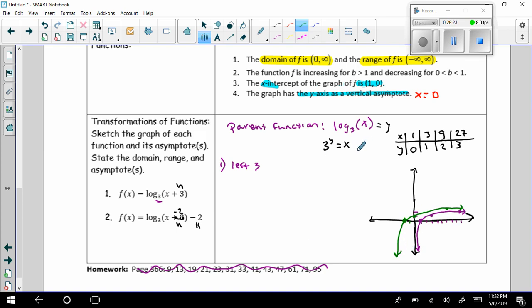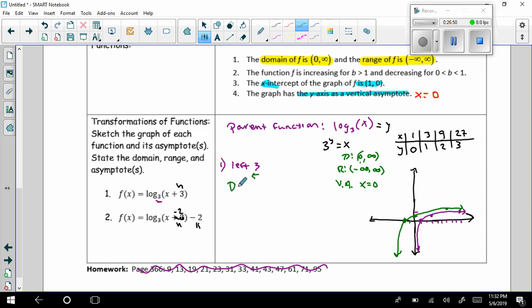So here I have a domain of 0 to infinity for my parent function, and my range of negative infinity to positive infinity, or all real numbers. And I have a vertical asymptote of x equals 0. Well, over here I've shifted left 3. That's going to shift my domain left 3.